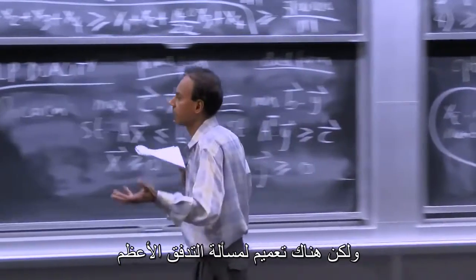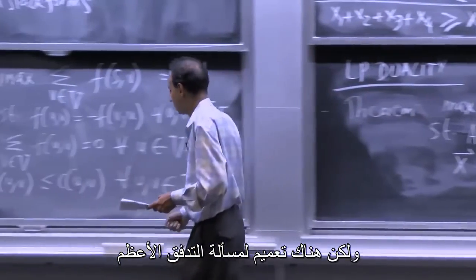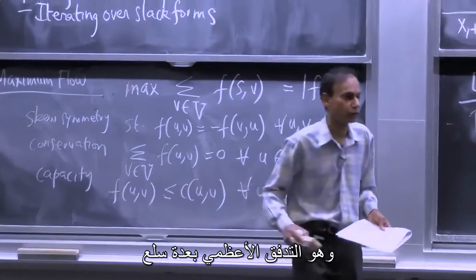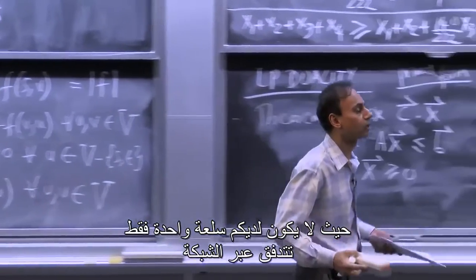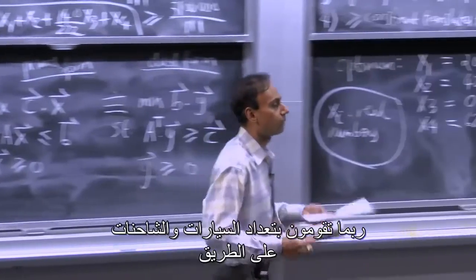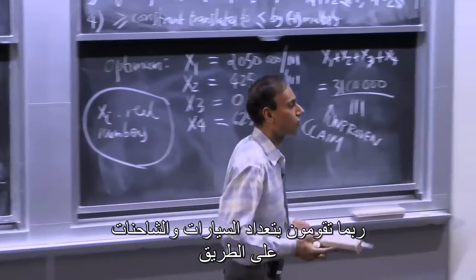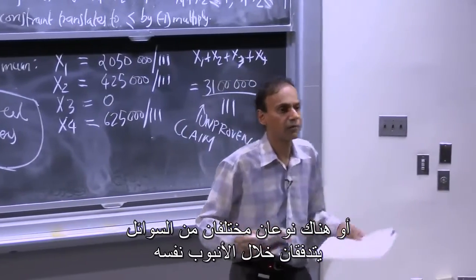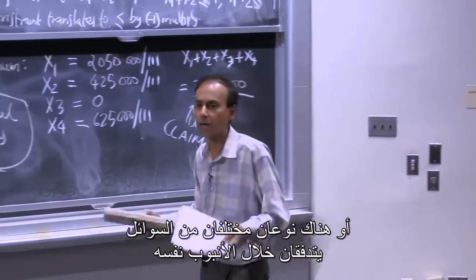But there's a generalization of max flow that's a multi-commodity max flow, where you don't have just one commodity flowing through. You may be counting cars and trucks on a road, or there's two different kinds of liquid, or gas or liquid, flowing through the same pipe.